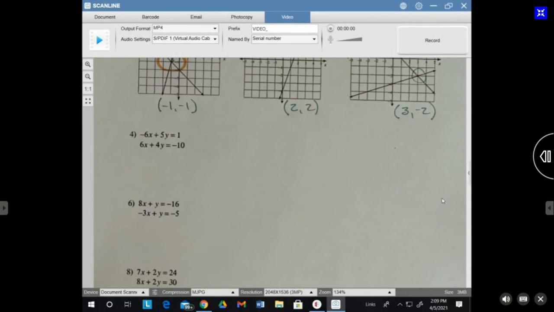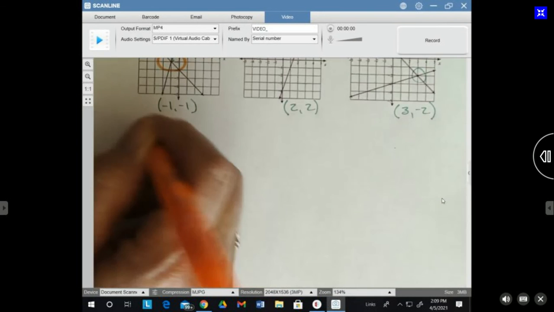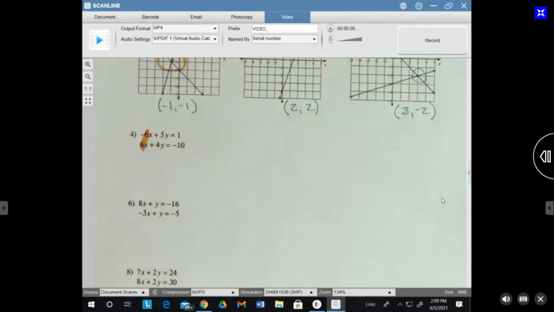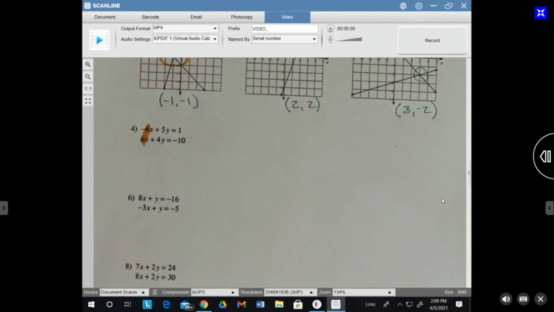Problem 4. We're going to solve using elimination. So what variable do I want to eliminate? Which one? How and why? I heard X. Yep, because they both have a 6.